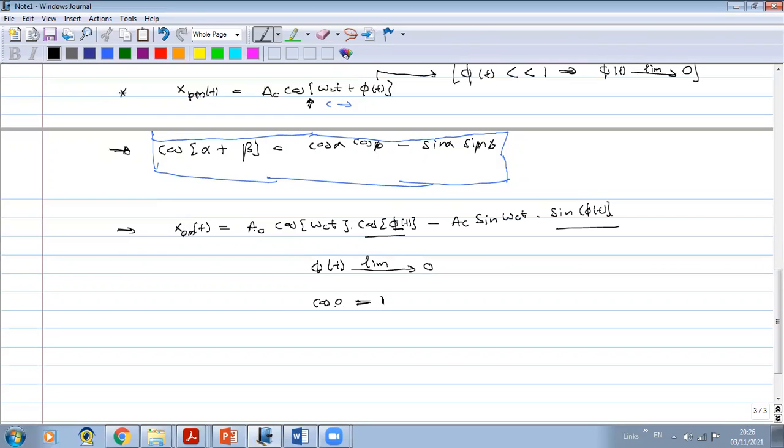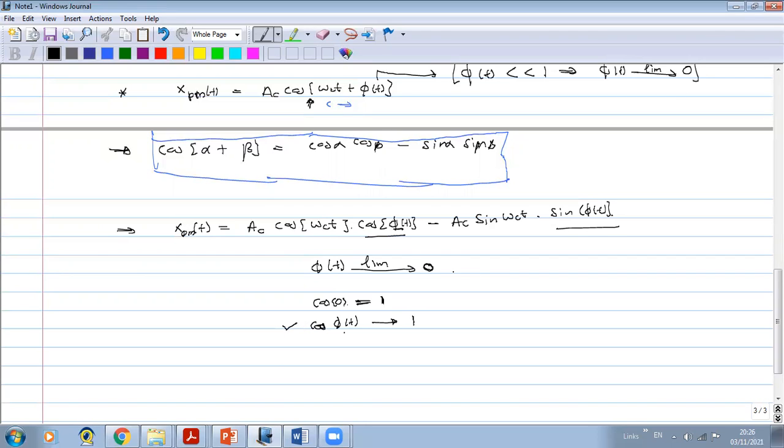So when this φ(t) is limiting to 0, what happens to cos φ(t)? That means this cos φ(t) is limiting to 1. Correct? So that is the one assumption.